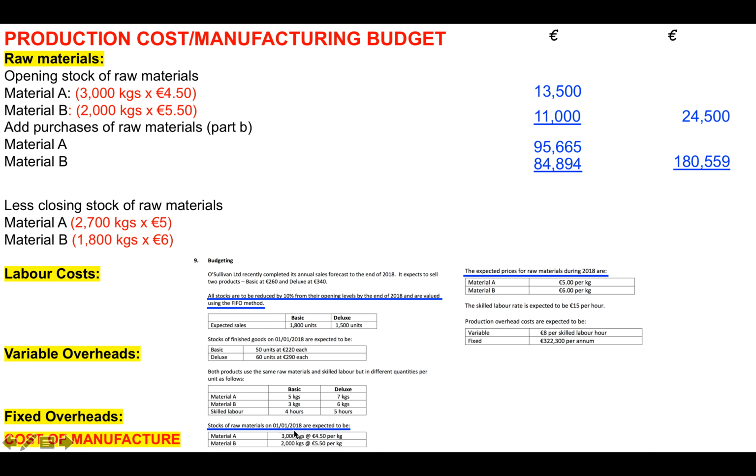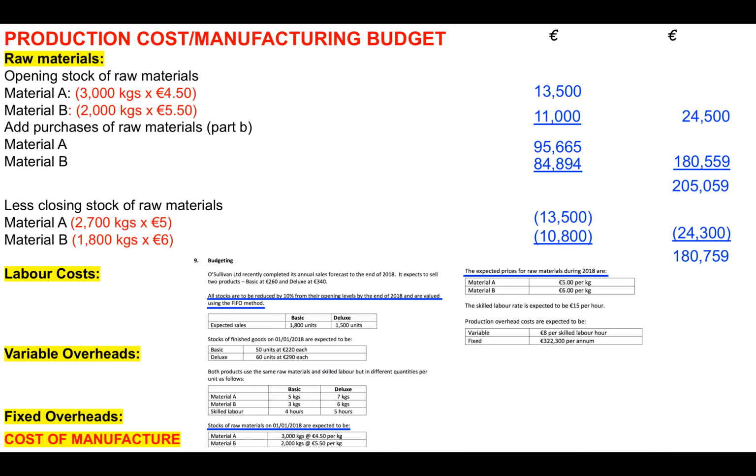It's our opening stock multiplied by 90%, because all stocks are to be reduced by 10% from their opening levels. So 2,700 kgs by €5 is 13,500, and 1,800 kgs by €6 is 10,800. So that is €24,300 so far. So when I tot that all up, I get €180,759 as the cost of my raw materials.